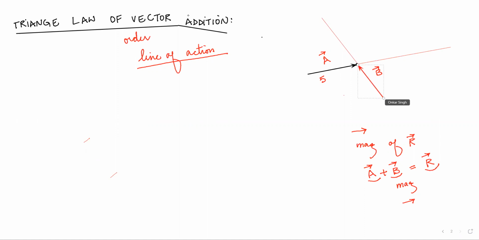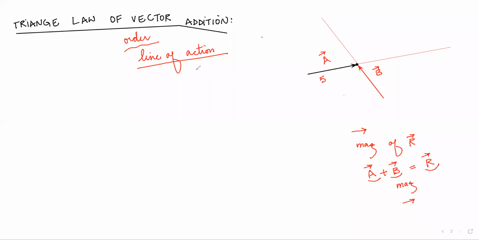If you want to add two vectors in triangle law of vector addition, we must represent these two vectors by two sides of a triangle, but a very important thing, students, taken in the same order. This thing some teachers miss sometimes, even some books miss this.